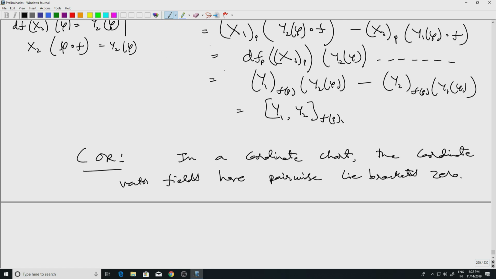Remember that for us coordinate vector fields, if this is a coordinate chart to something in Rn, on Rn at each point we have this del by del xi.